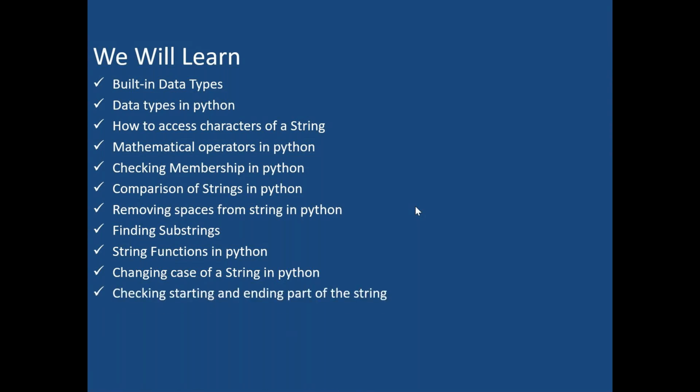Then checking the starting and ending part of the string. Sometimes you want to verify your file name is ending with .csv or not, because I want to read only .csv. Similarly, I want to check whether my file name is starting with sales, because I want to read only sales data. So you want to check whether your string is starting and ending with something or not.